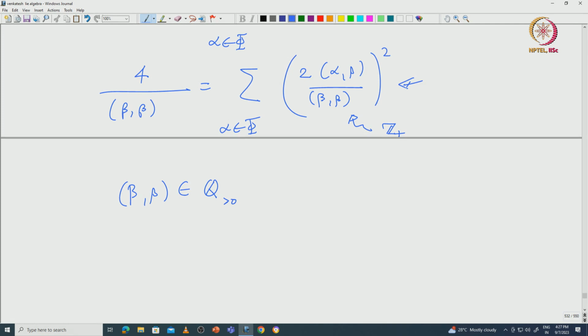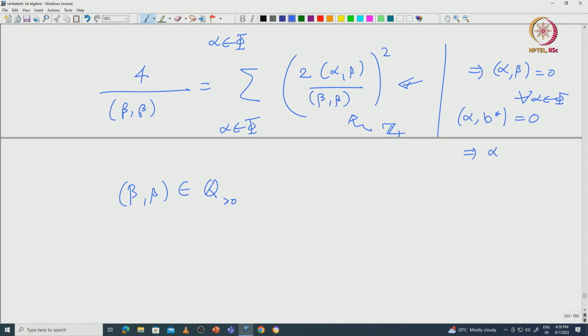These are all squares, okay, and this is actually 0 if and only if (beta, beta) is 0. But then if this is 0, that will force (alpha, beta) to be 0 for all alpha in phi. Okay. So, that will force beta to be in the orthogonal complement of H star, but kappa being non-degenerate, the form that we defined on H star is also non-degenerate.